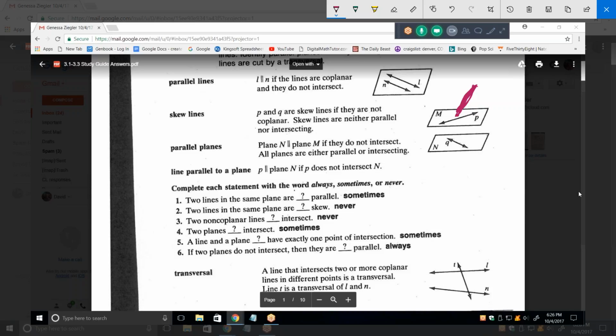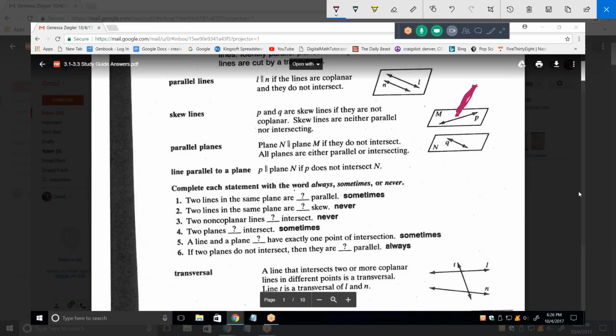It's not coplanar with plane N. In other words, you can have a line that's parallel with a plane and it just never intersects the plane. It's like a skew line, only it's parallel. Okay, it's not coplanar.